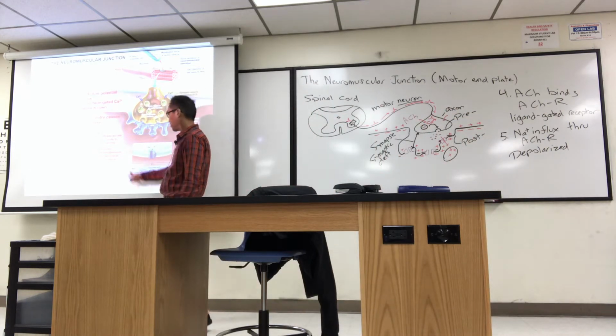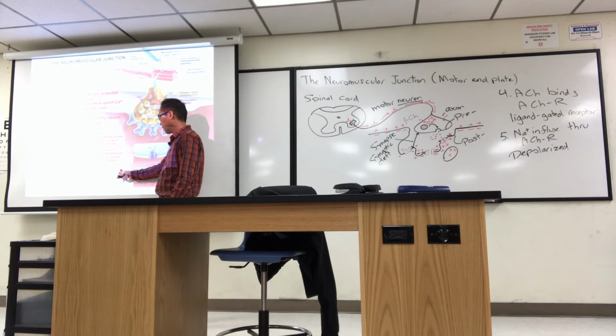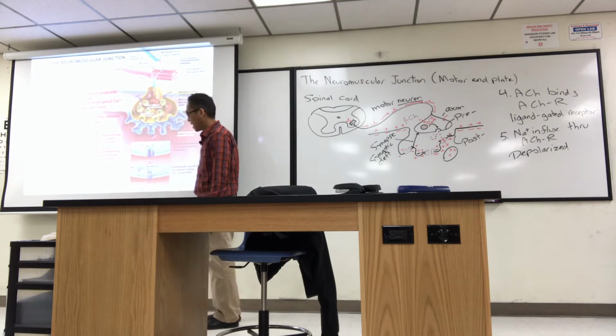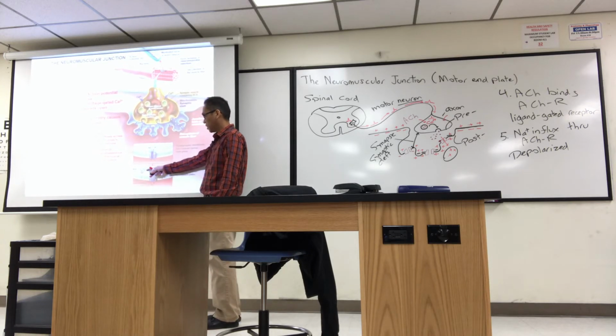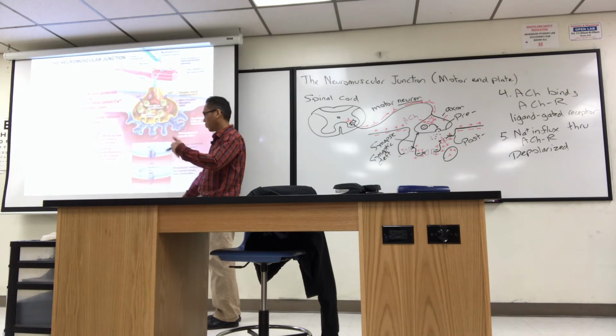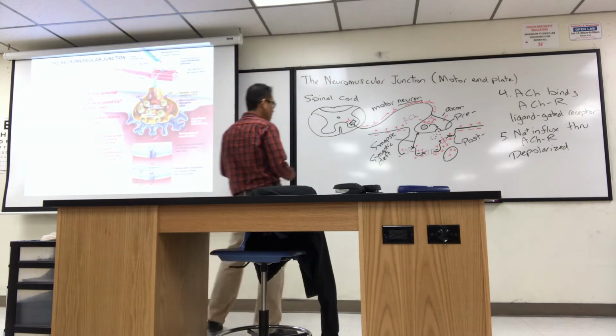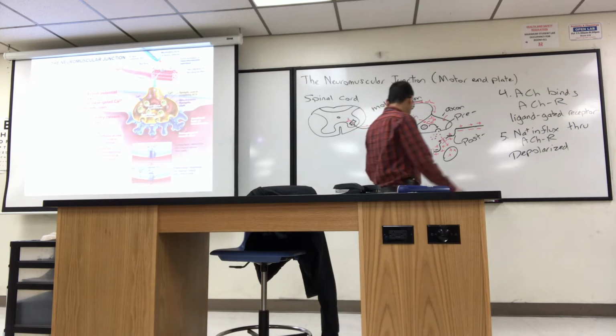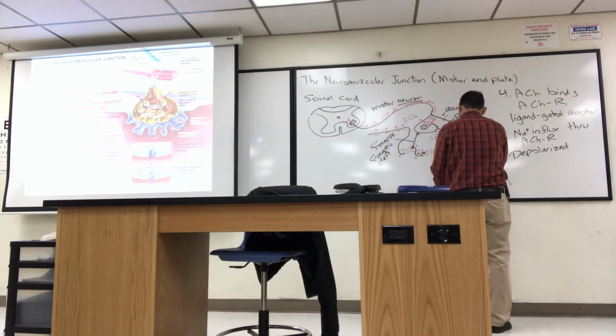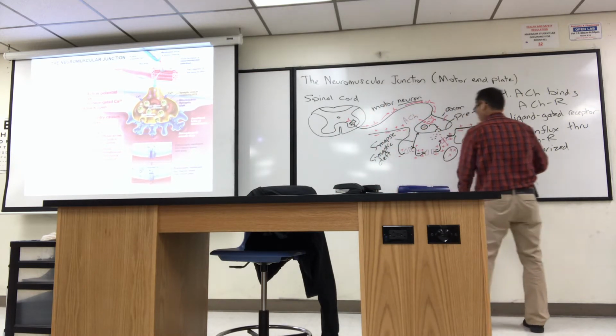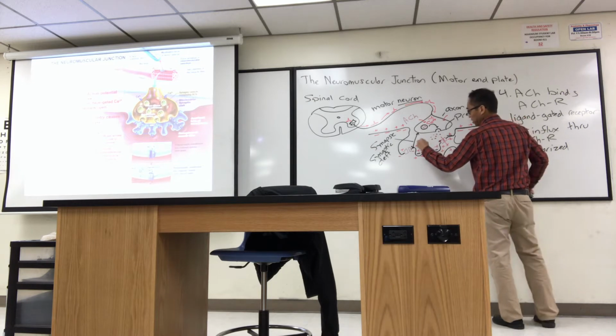That step isn't mentioned here. On the last step, I should mention that ACH is broken down by ACHE. That's an enzyme that breaks down the ACH, so the ACH can be recycled and reused. Put that as the last step. I'll just draw ACHE in there.